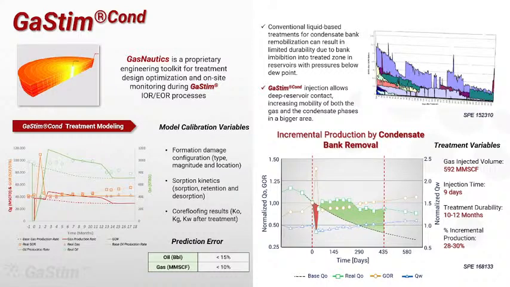However, when the grade of depletion of the system is very severe and very high, the durabilities of those liquid batch applications will be very poor. And that's when we will need a gas-type treatment to impact a deeper portion of the reservoir.